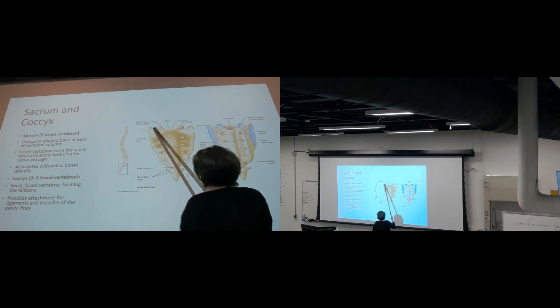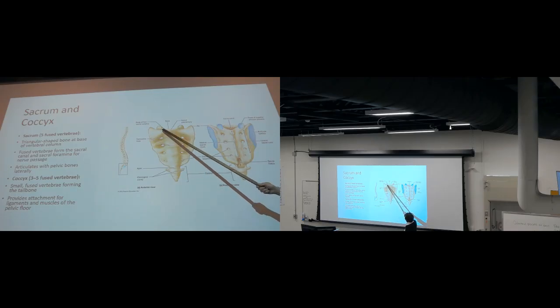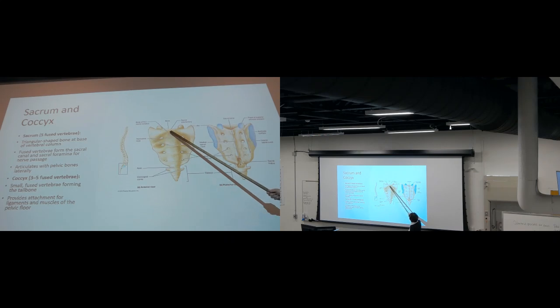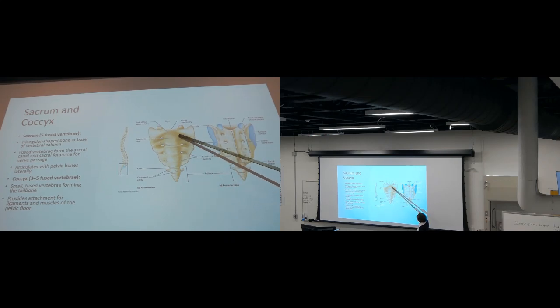Okay, so in the anterior view, the base, the most anterior and prominent part here, is the sacral promontory. Then the transverse lines are the bodies of the sacral vertebrae.